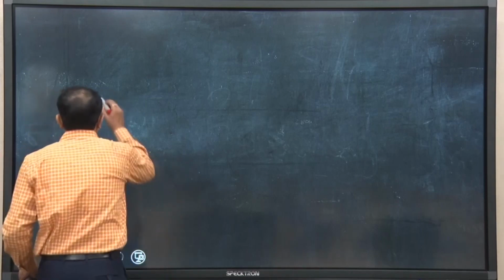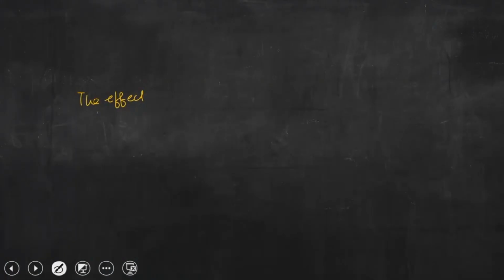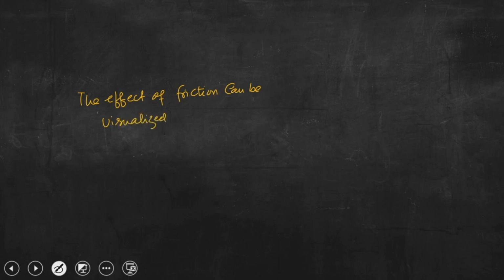So, the effect of friction can be visualized, number 1, as a decrease in the heat drop.